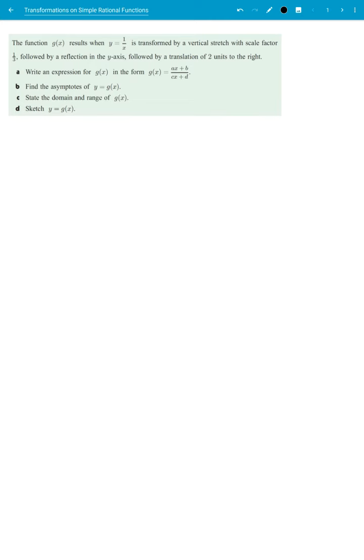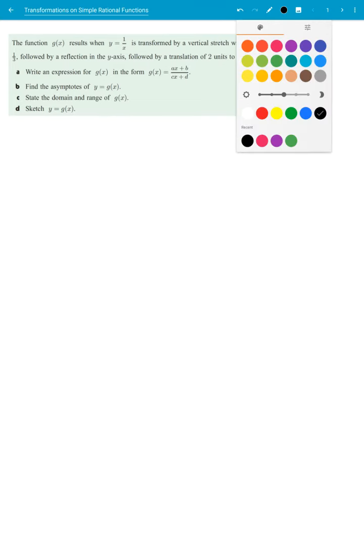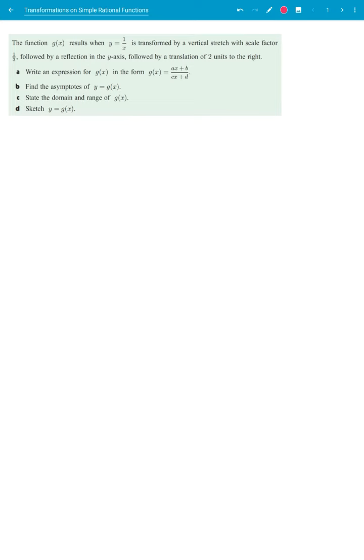We've got this rational function, and we know we've done a couple of things to it. We're being told in this problem that we are going to do 3 things. First of all, we're going to stretch this with a scale factor of 1/3.